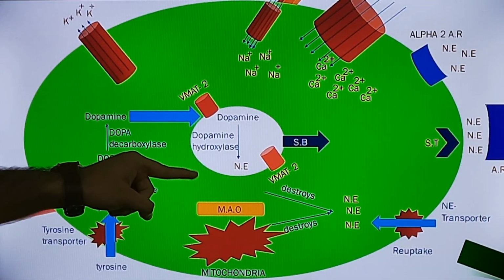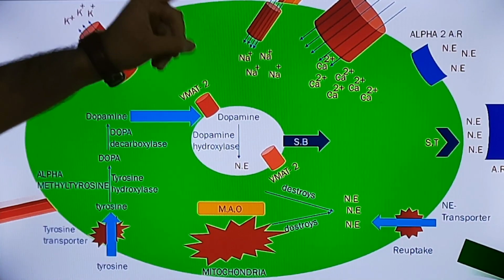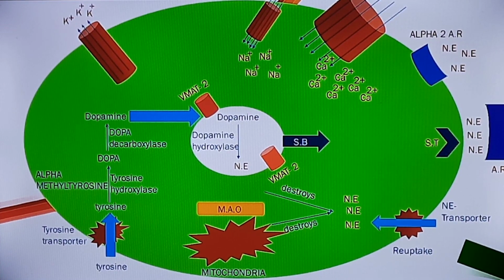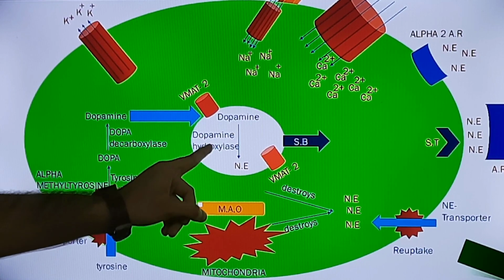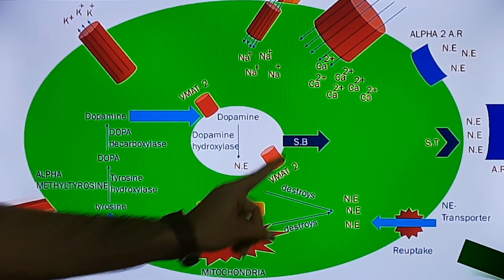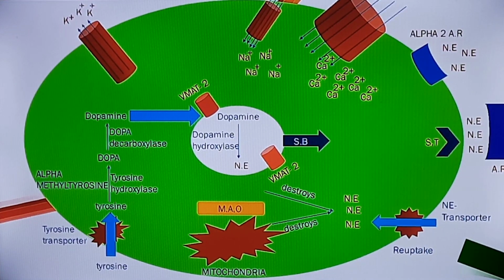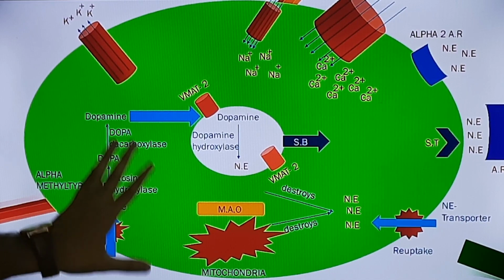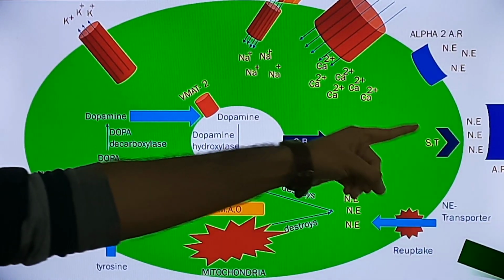Now as soon as the action potential comes, there will be influx of calcium, and with the help of this calcium, the membrane bound storage vesicle will fuse with the nerve ending membrane, and after the fusion, the content of this storage vesicle, that is norepinephrine, will be released in the synapse.